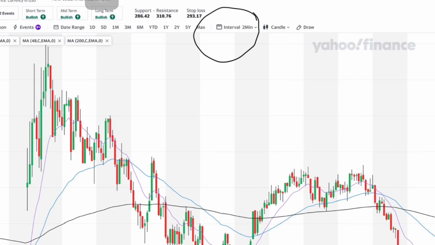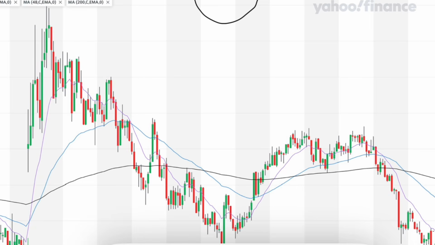Okay, guys, we have the 2-minute chart pulled up for today's lesson, and I'm going to walk you guys through several things that I want you guys to pay attention to, okay? Number one being the fact that you have two things going on here. I want you guys to see this 13, okay, this big move here, and then I want you to see when it crosses down at this juncture right here.